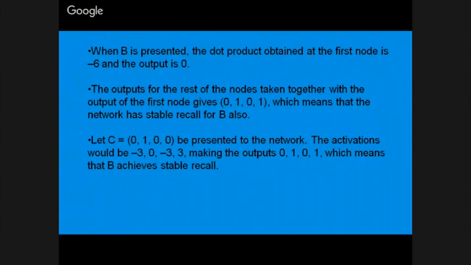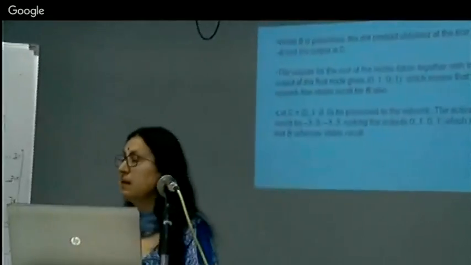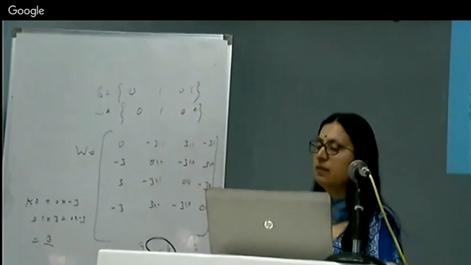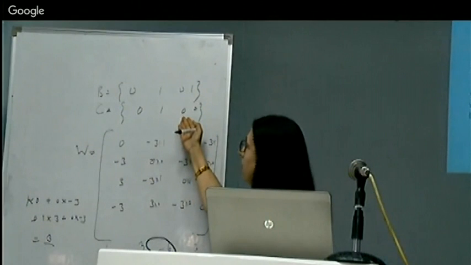So say there is another vector C which is 0 1 0 0. If we apply this vector C as the input pattern to this Hopfield network, then what would be the activations? Again we have to find the dot product.